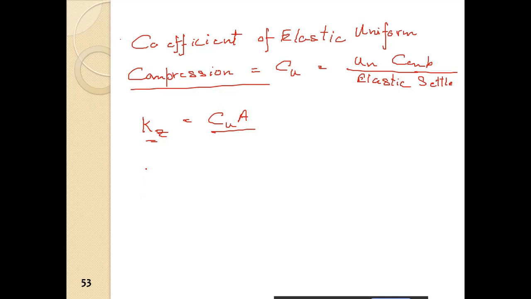Similarly, we have the coefficient of elastic uniform shear, C tau, which can be obtained by doing a horizontal block vibration test.